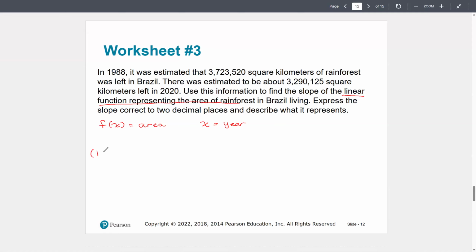So we have xy pairs: in 1988 we know the area of the rainforest, so we have a year and an area, and in 2020 we also have a year and an area. My slope is going to be x1, y1, x2, y2. We should see a negative slope here because we had a decrease in the amount of rainforest.